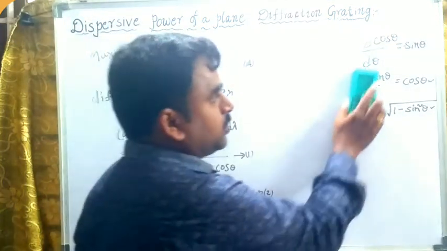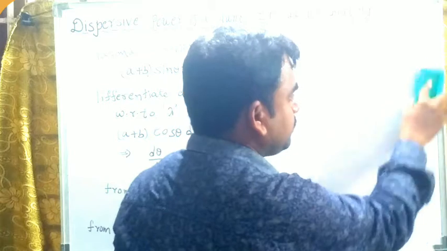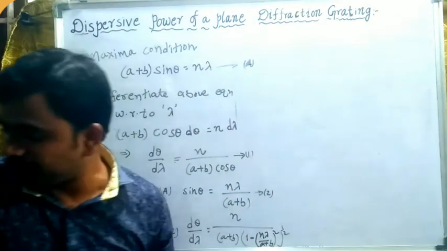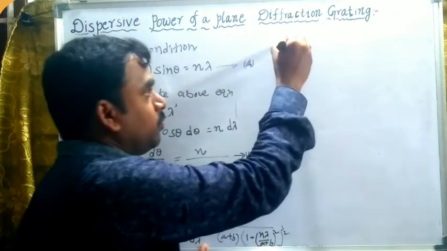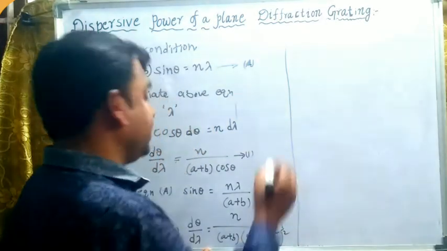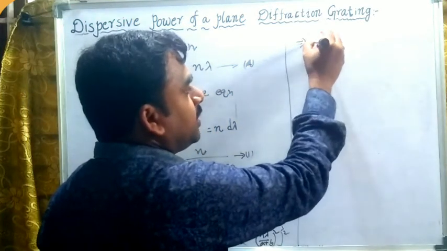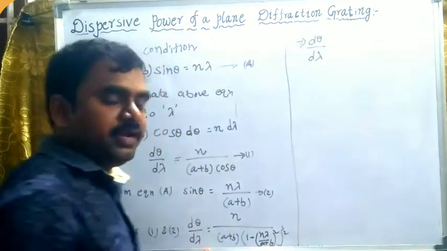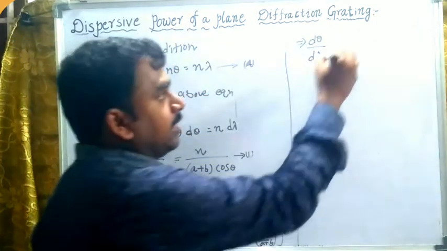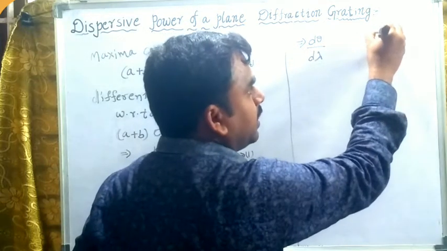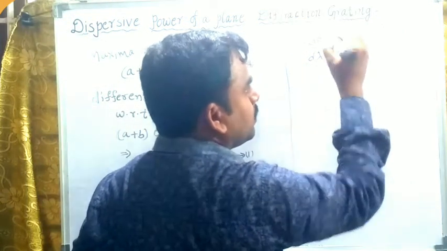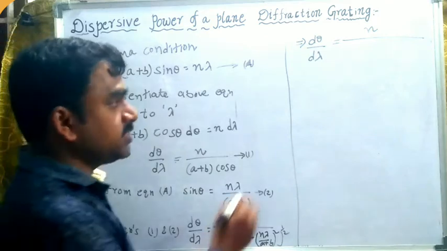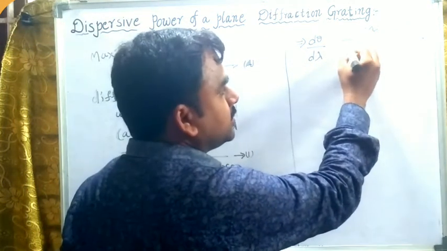I am erasing this one. Suppose if we are simplifying this, what will we get? We get d theta by d lambda, that means the dispersive power of the plane diffraction grating, equals n divided by (a plus b). I am writing this as it is.